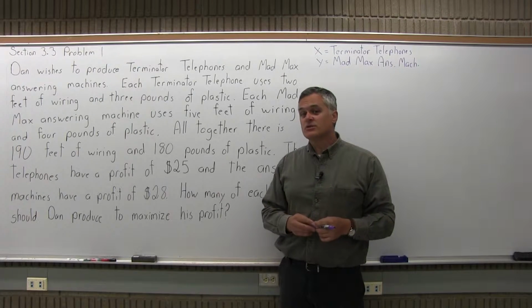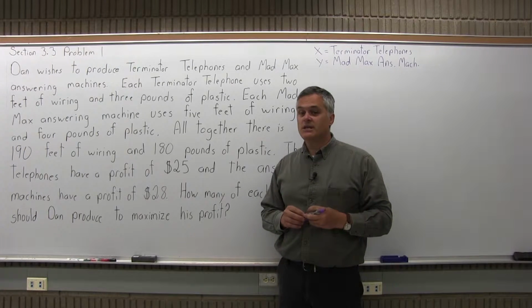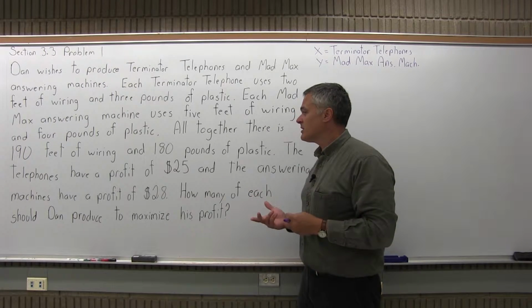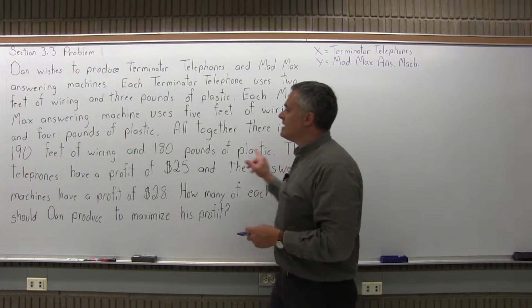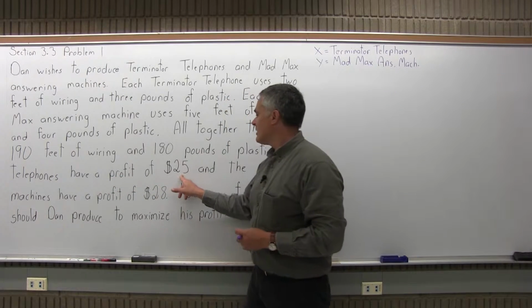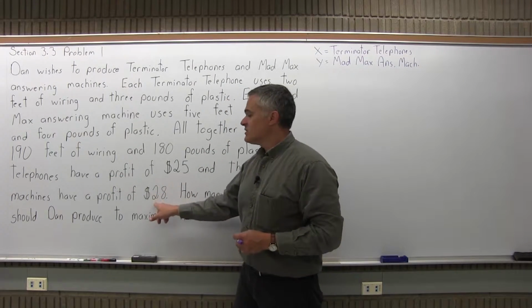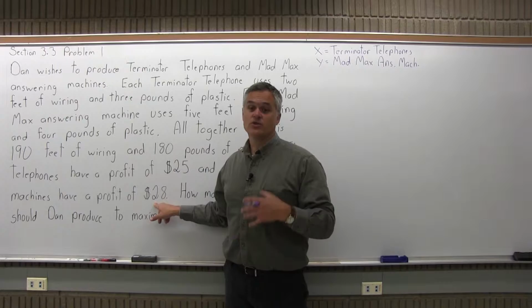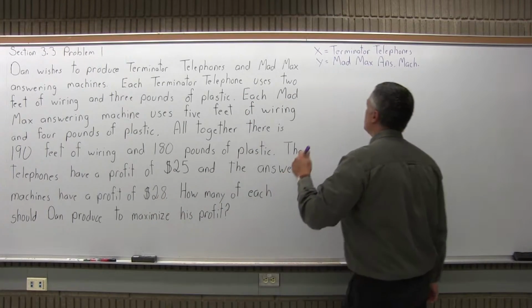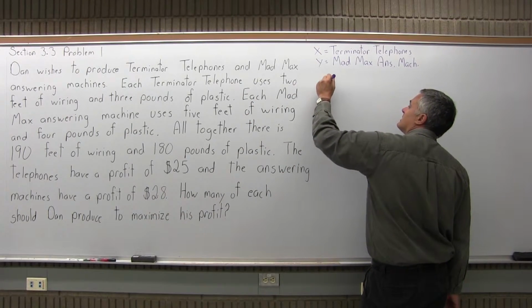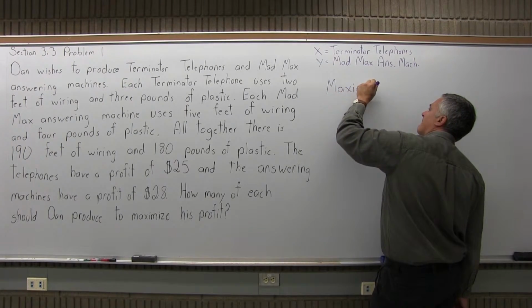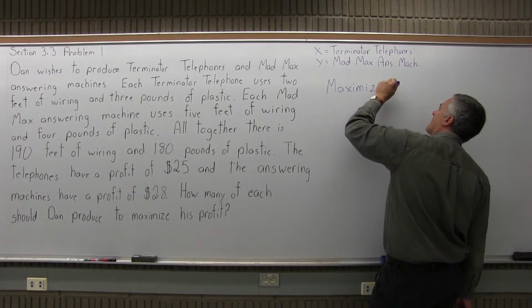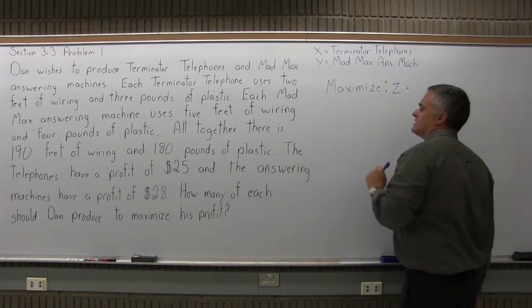Look for information that's usually about profit, usually near the end. And this one's fairly typical. If you look near the end of the problem, it says the telephones have a profit of $25 and the answering machines have a profit of $28. So you want to maximize the profit. So what I'm going to do is I'm going to say maximize Z equals.